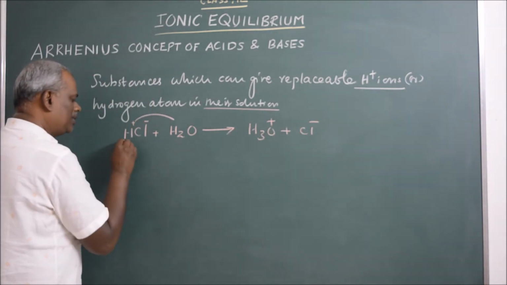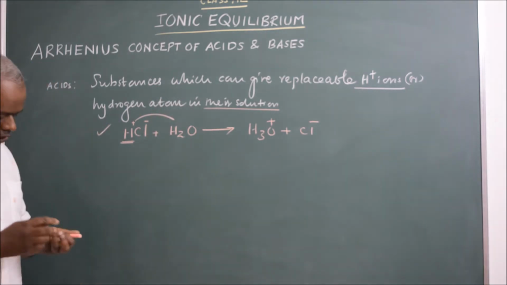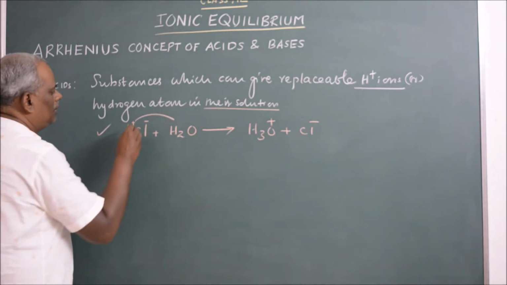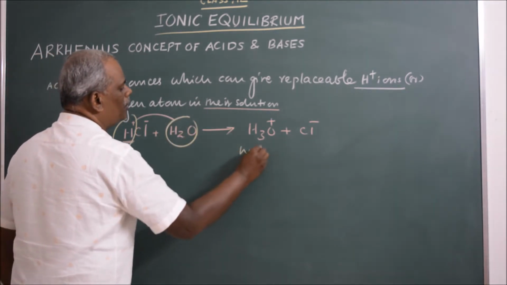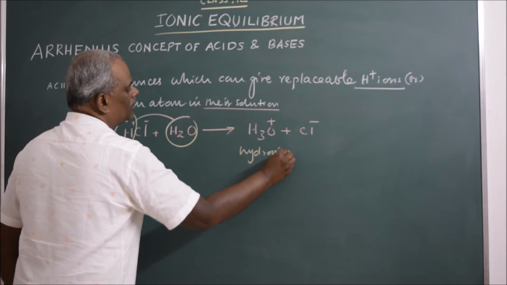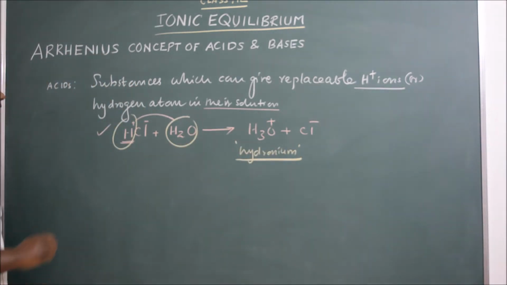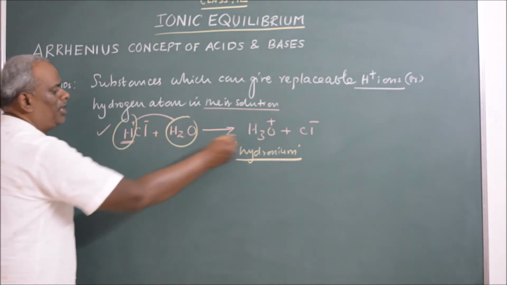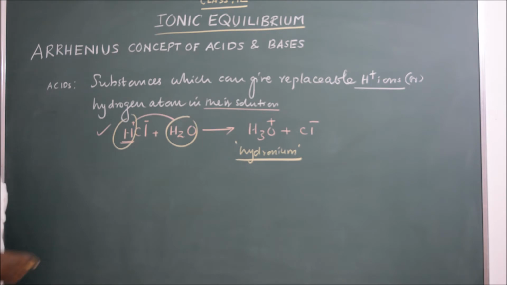So the hydrogen plus is provided by this hydrochloric acid. Thus formed hydrogen plus is combining with H2O to form a hydronium ion. This is the ion called hydronium ion. So the hydrochloric acid is forming hydronium ion with the water, and hence it is an acid.